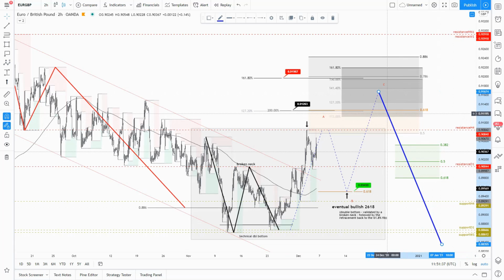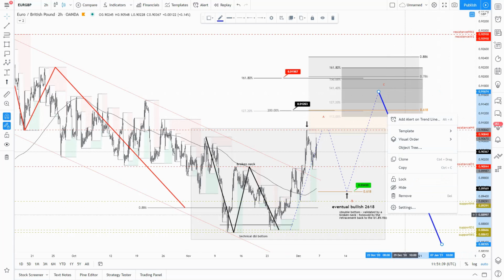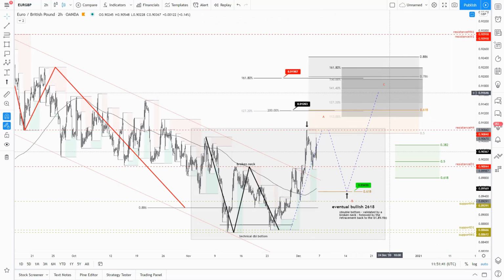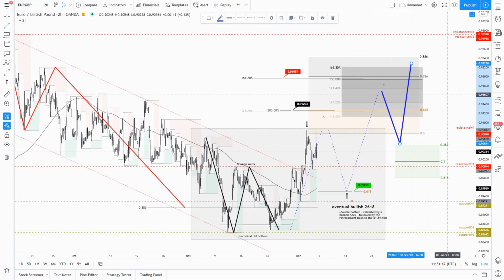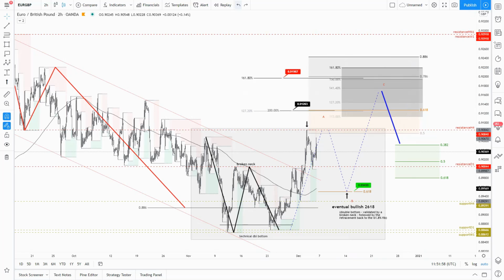We never know what will happen from here, but a symmetrical ABCD pattern usually will offer you more direction, more trends, let's say, in the direction of the previous swing. So basically we need a retracement, and then we expect more momentum in that direction.